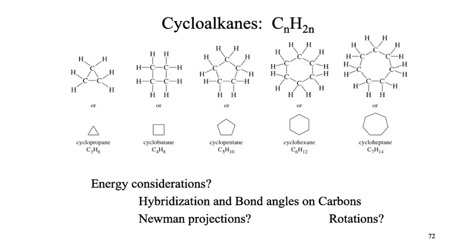So what does that mean? We now have to name that difference and acknowledge what it is. This is where we encounter the ideas of axial and equatorial. So axial, up and down. Equatorial, equator, because it's on kind of the plane-ish of the molecule.